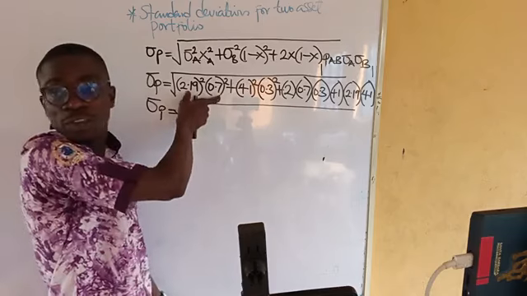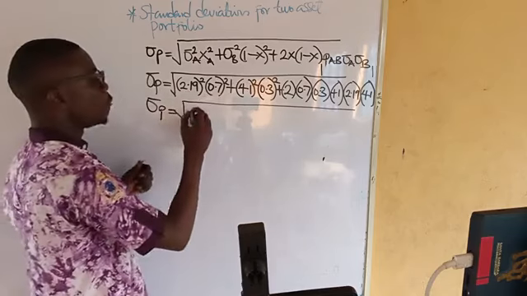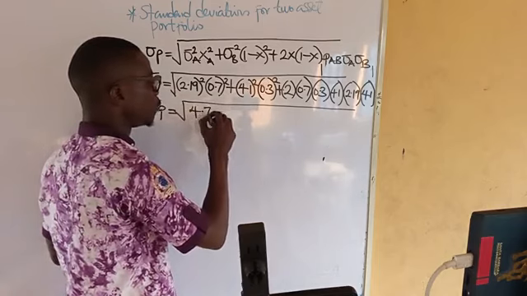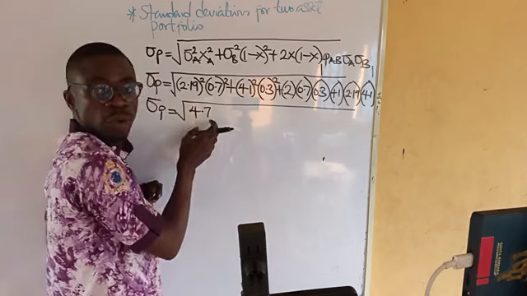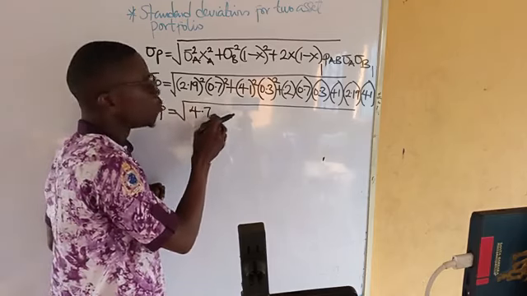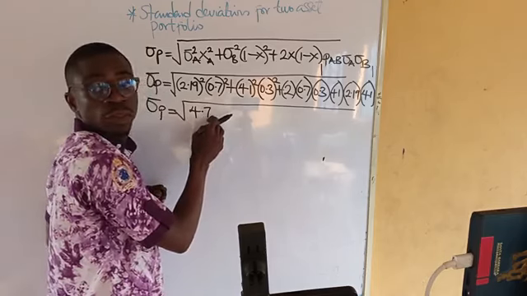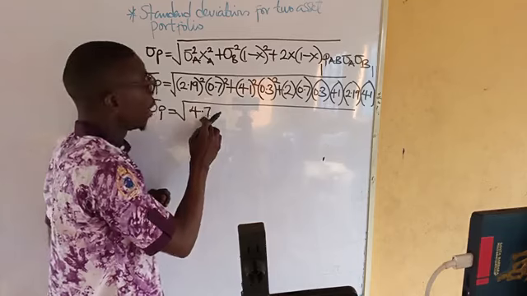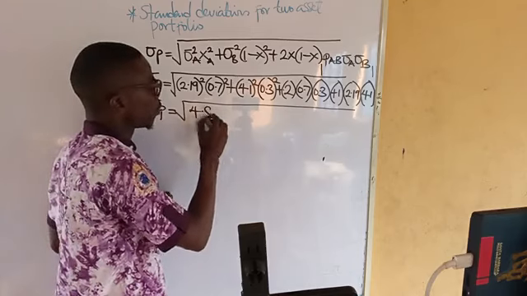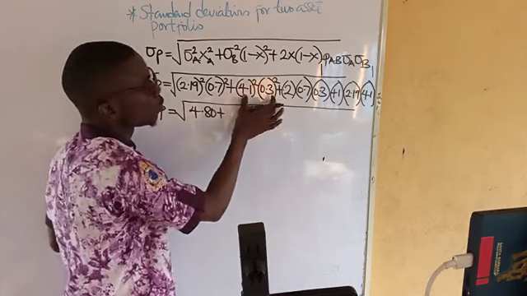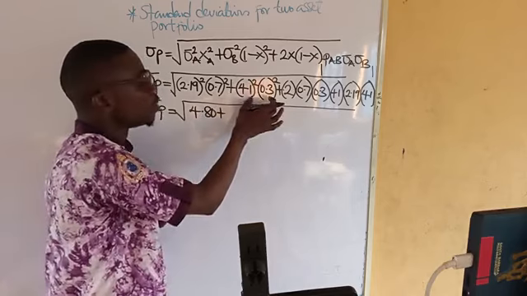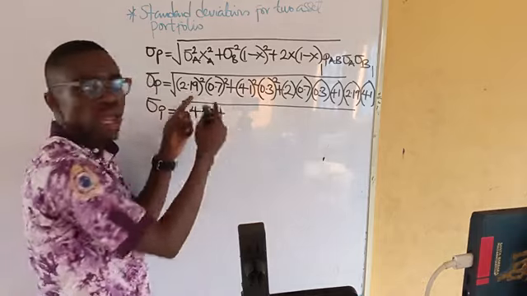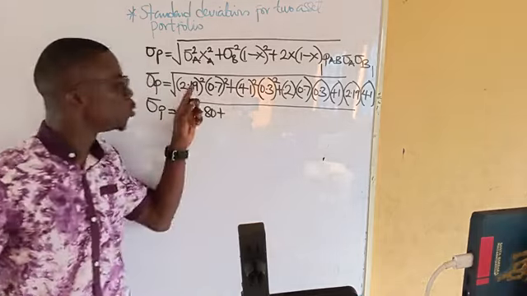So this one is 4.7961. 4.7961 to 2 decimal points is 4.80. 4.8 times 0.7. That's 0.7, not the other one. No, don't do it together. You have a calculator with you.